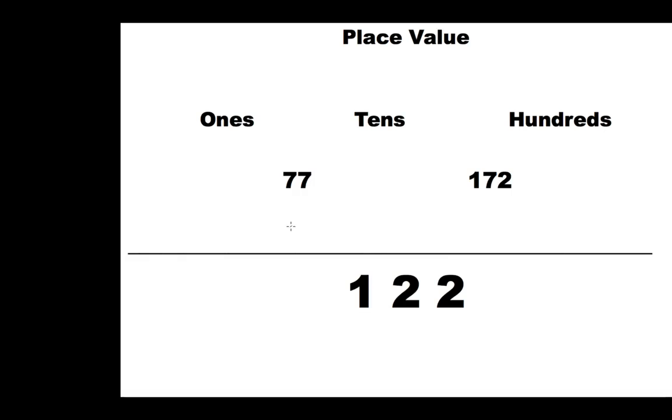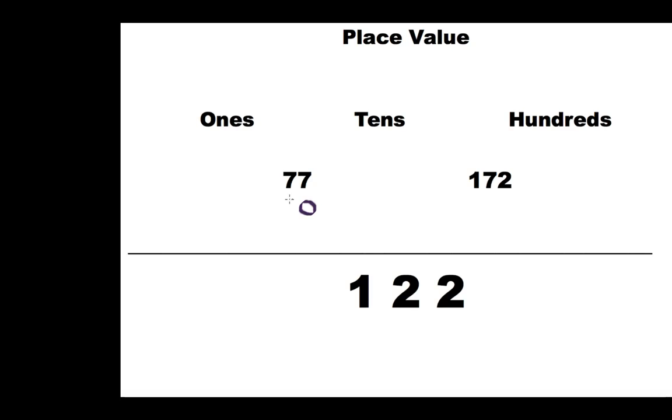Let's look at the very far right-hand digit of that number. That digit is a 7. Well, that 7 is in the ones place. Next to that 7 is another 7.